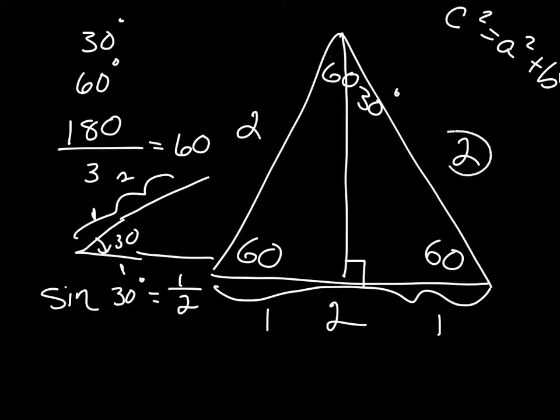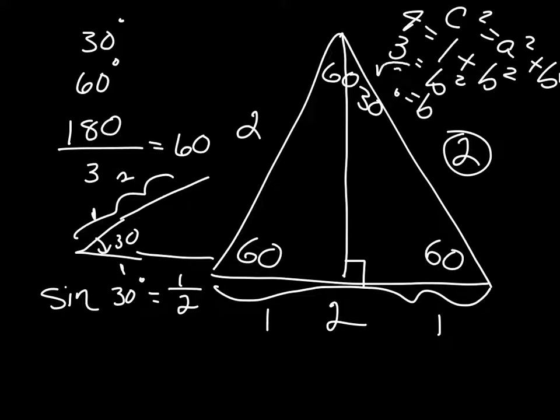So c squared would be 4. We know one of the legs, we don't know the other one. So b squared would be 3, which means that b would be the square root of 3. So now we have everything we need.